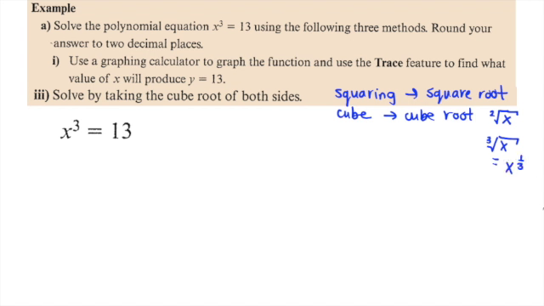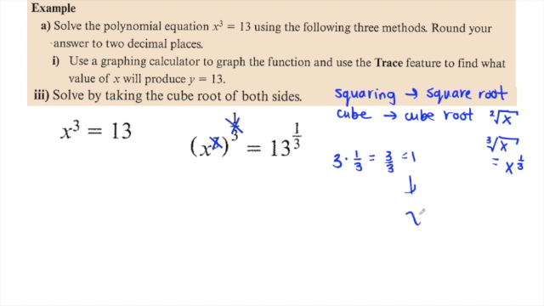Remember our rational exponents. Okay, so when you do that, you're actually going to keep what you have and put it to the power of 1/3 equals 13 to the 1/3. That cancels this out. Why? 3 times a third is 3 over 3, which is 1.